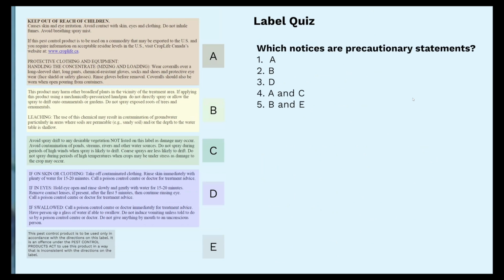Which notices are precautionary statements? And you can see they're color coded off to the left, A, B, C, D, and E. So which notices are precautionary statements? And this poll should be live now.